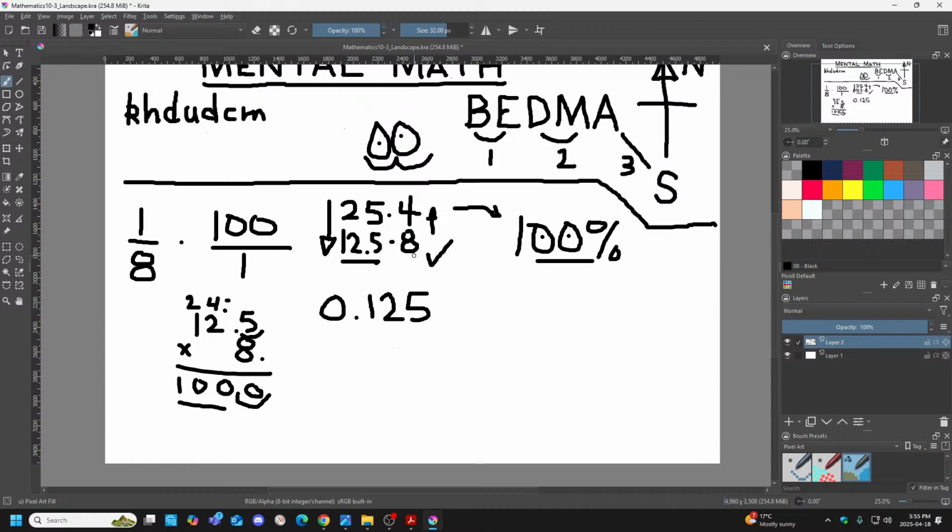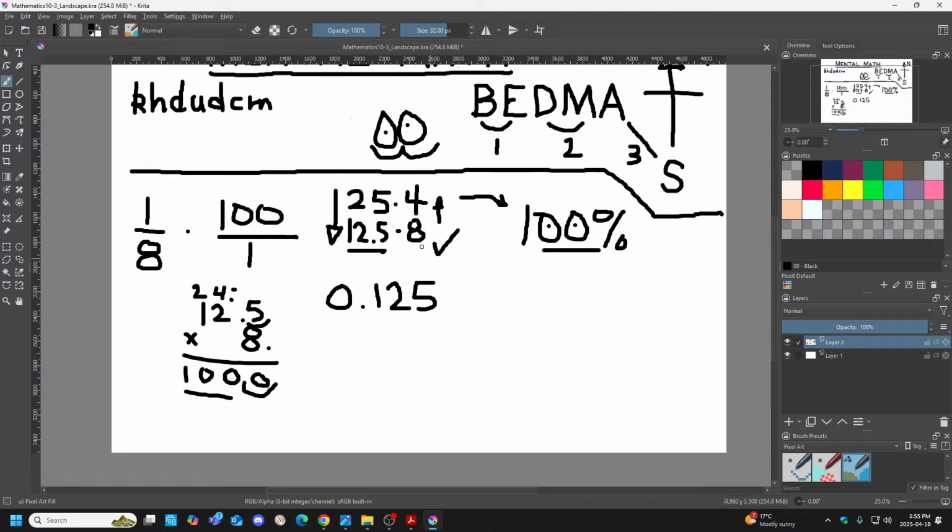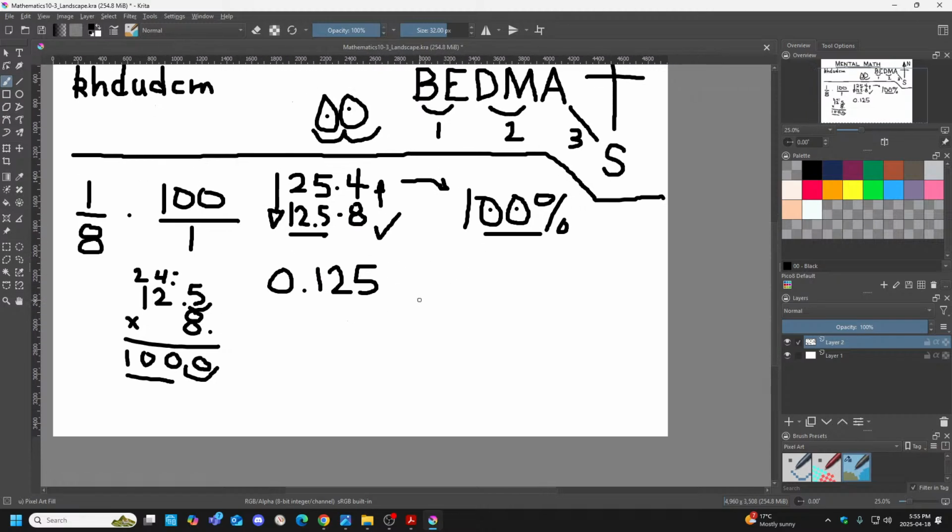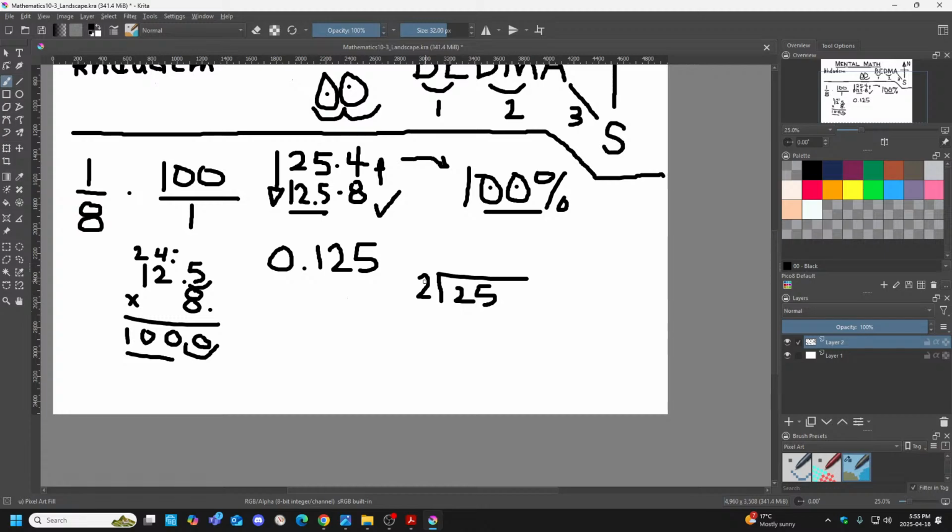We have to figure out what times 8 gives us 100. So we had to do a little bit of math, some long division, 2 divided by 25, because 25 is a whole number, but it's also not an even number.